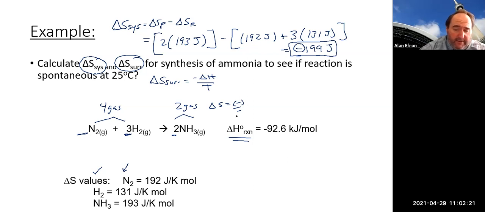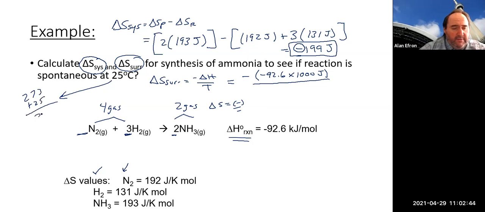So here we are given the delta H value. So this is again negative 92.6. I'm going to multiply it by 1,000 because I know I'm going to add it together, and that will convert it into joules for me. Also, 25 degrees Celsius means that we have 298 Kelvin, which should go down there on the bottom.